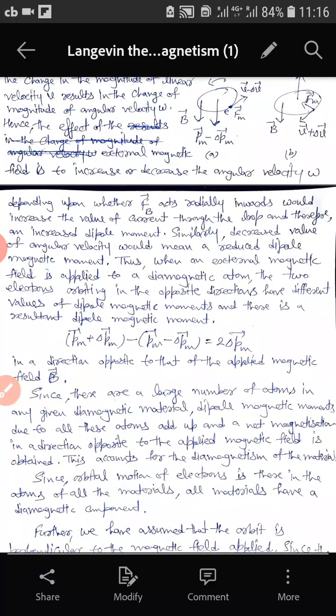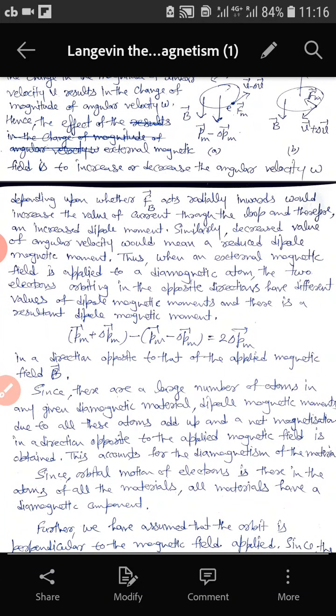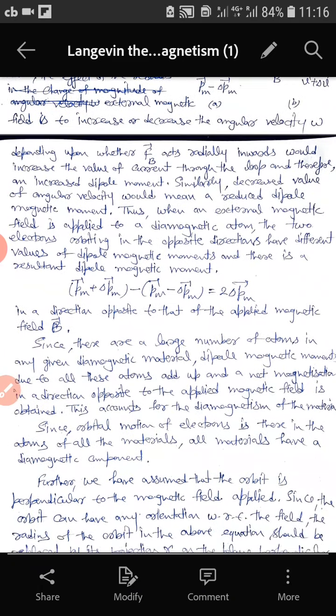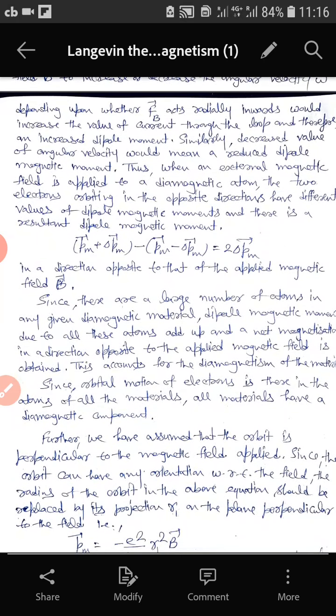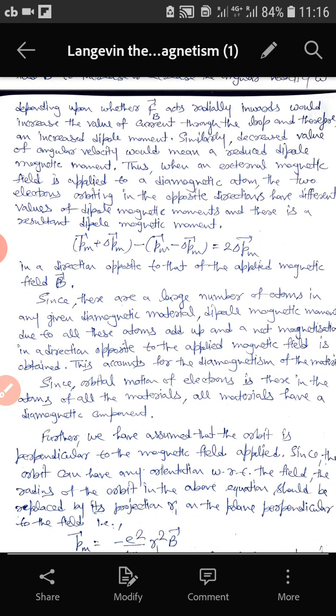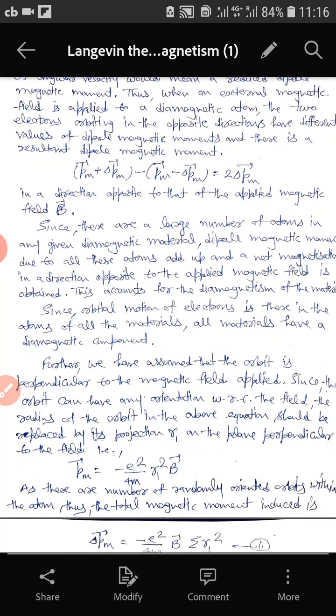Thus, when an external magnetic field is applied to a diamagnetic atom, the two electrons orbiting in opposite directions have different dipole magnetic moments, and there is a resultant dipole magnetic moment Pm plus delta Pm minus delta Pm, which will be twice delta Pm in the direction opposite to that of the applied magnetic field.